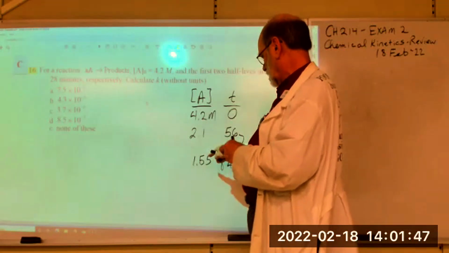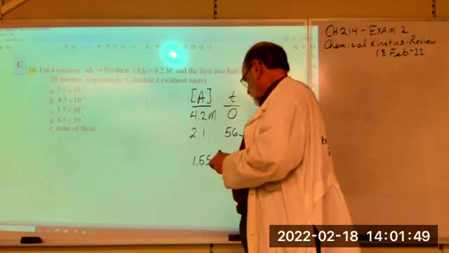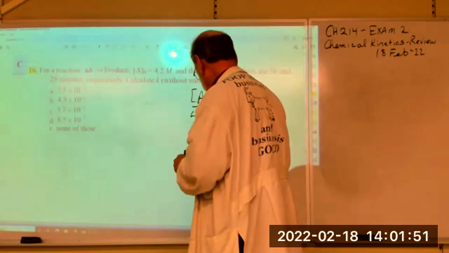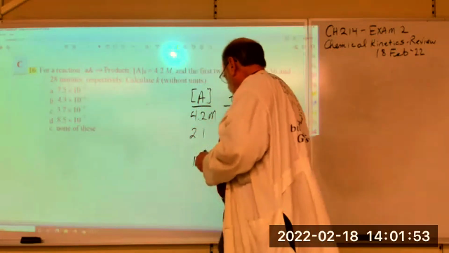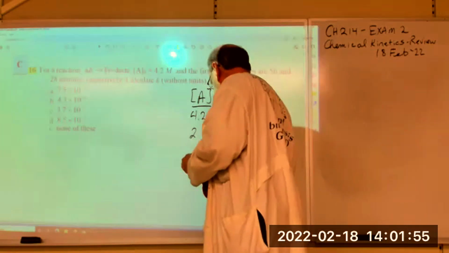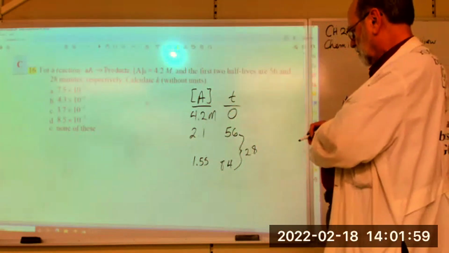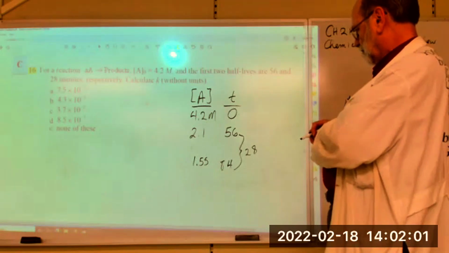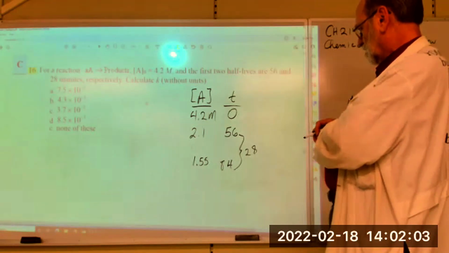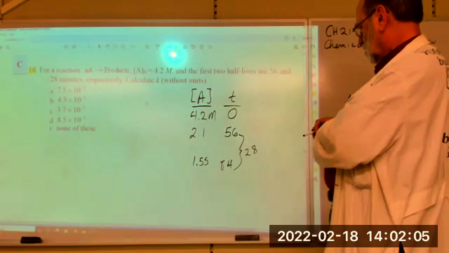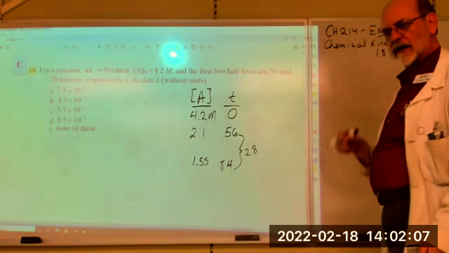Carry the 1. Wait a minute, 4.5, right? No, that's right. 2.1 is 5. Correct? I'm not good when it comes to math. Yeah, that should be right. Check the notes.